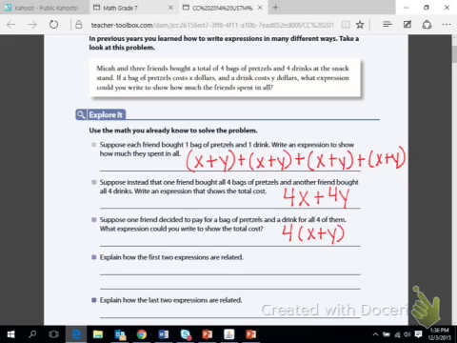If we wanted to explain how the first 2 expressions are related, we could look at what they have in common.